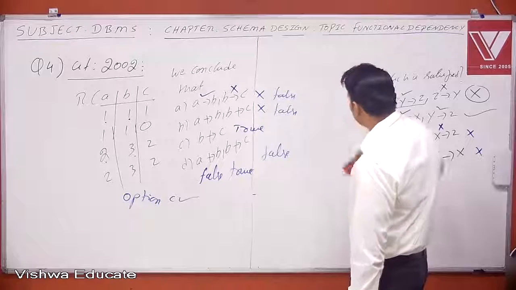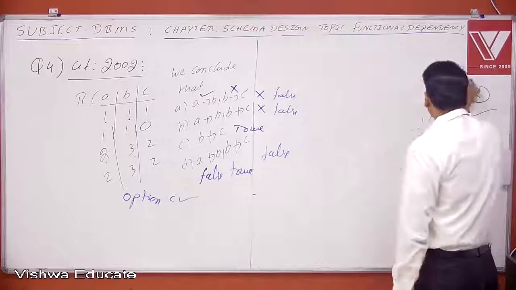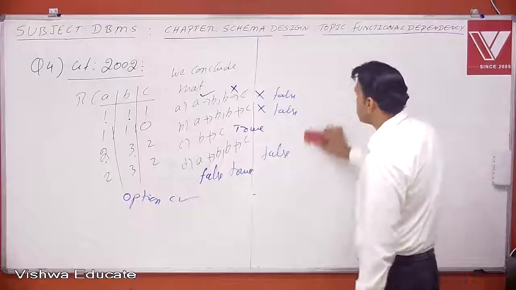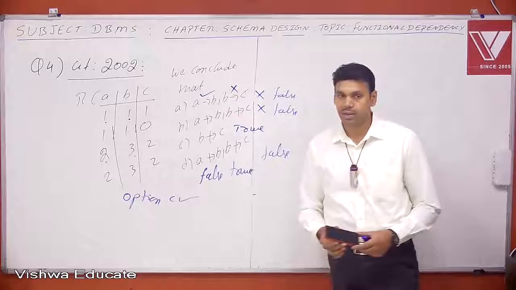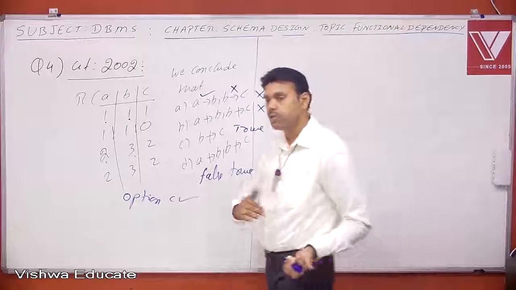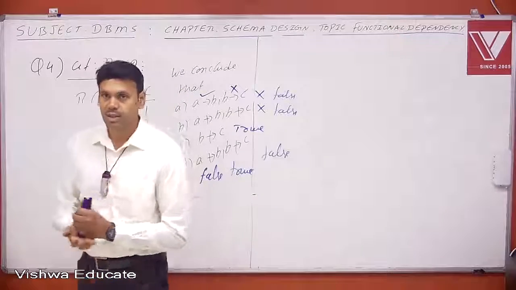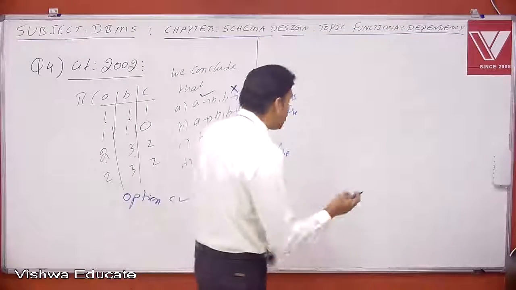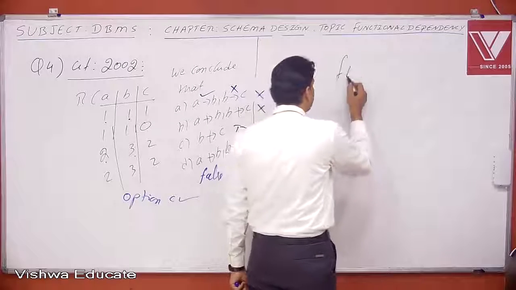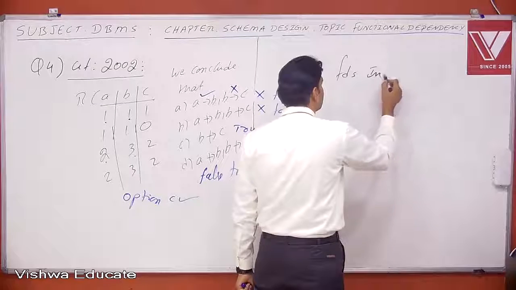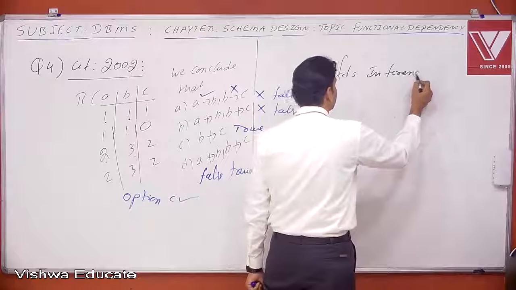So that's how you could do questions using functional dependency rules. And you also know how to do trivial and non-trivial functional dependencies. So the logic behind all these functional dependencies is inference rules.